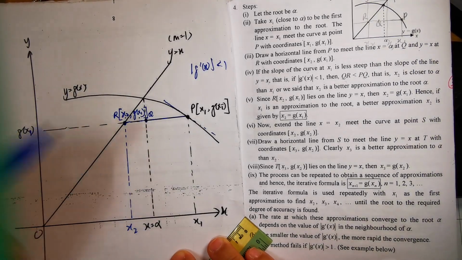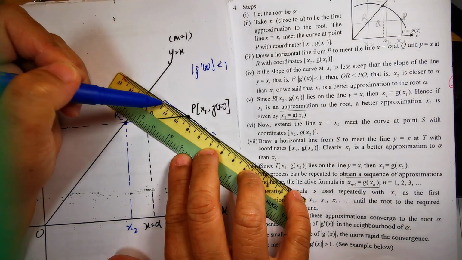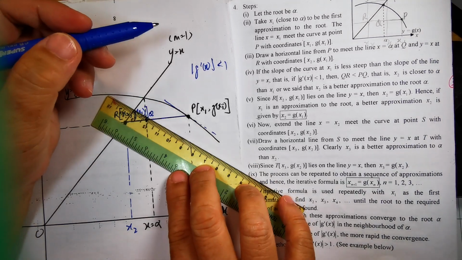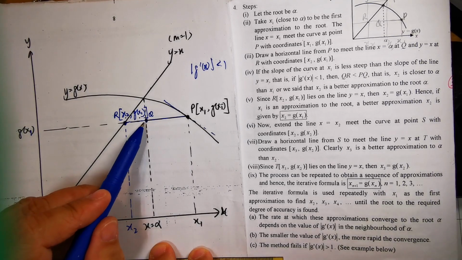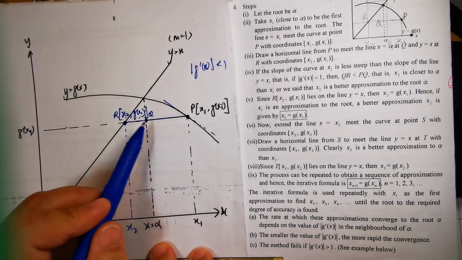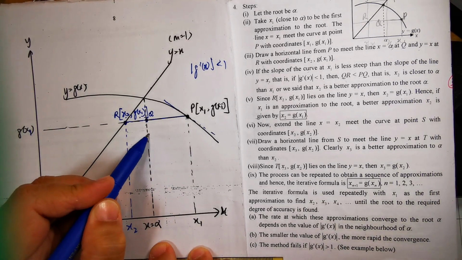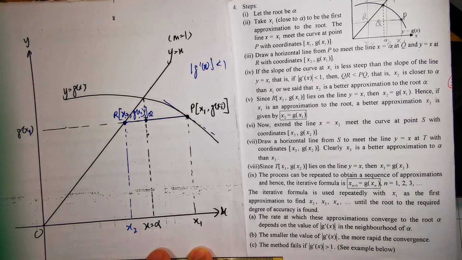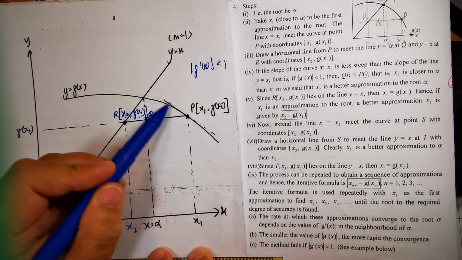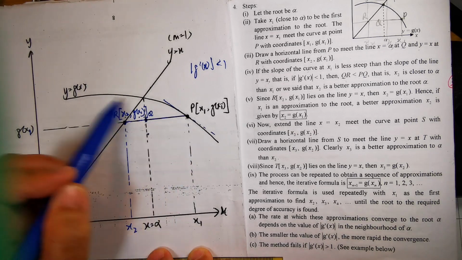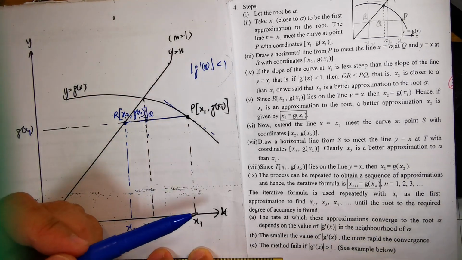Now you can see very clearly. Because the slope at point P, the gradient of the tangent, has modulus less than 1, QR is definitely less than PQ. The distance QR is shorter than PQ. Why did this happen? Because the gradient of g(x) at point P is less than 1.